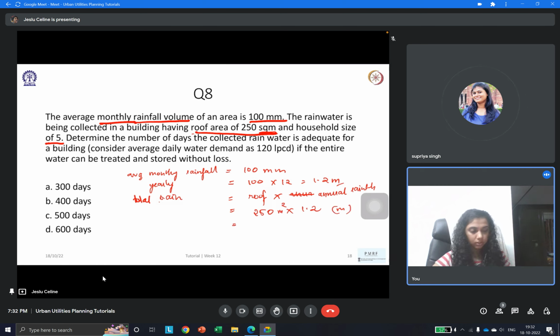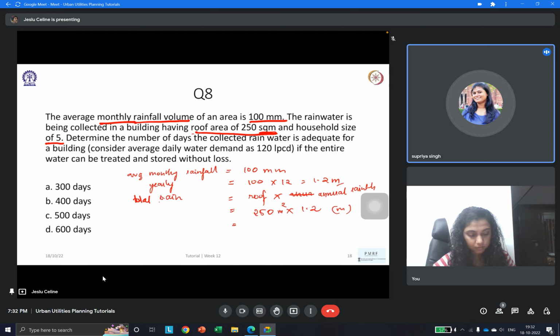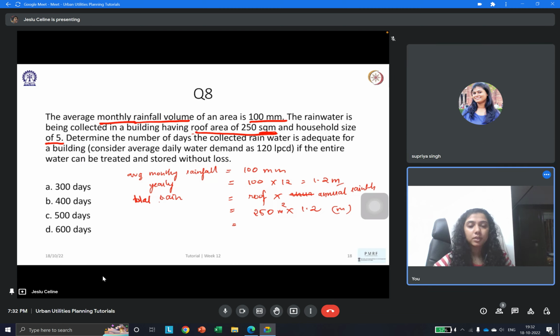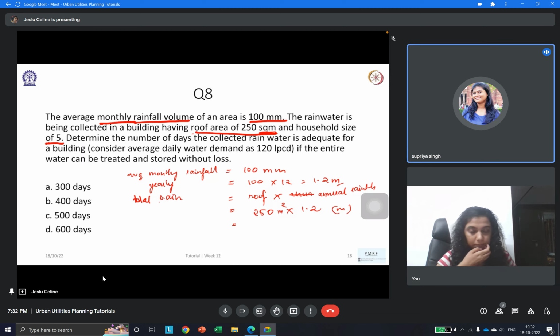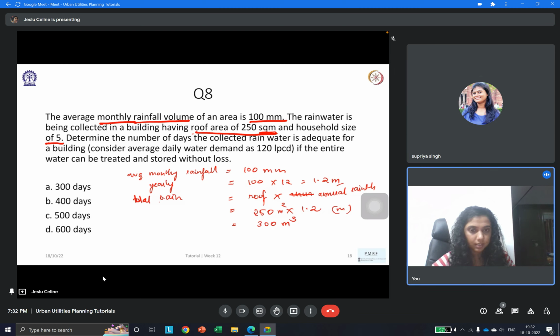How much does 250 into 1.2 work out to? 300. Correct. 300 meter cube is the volume that we have.